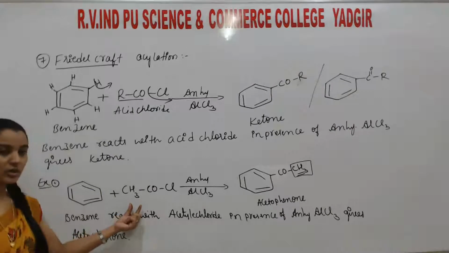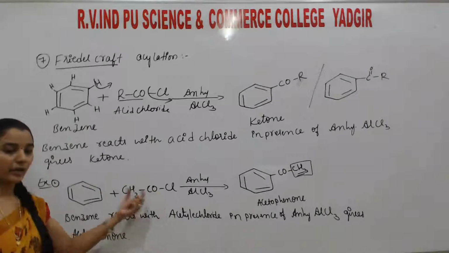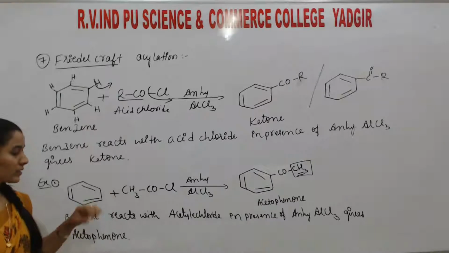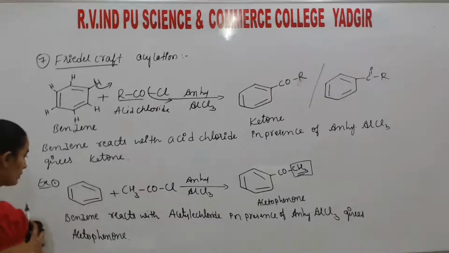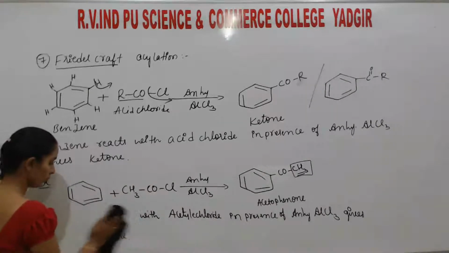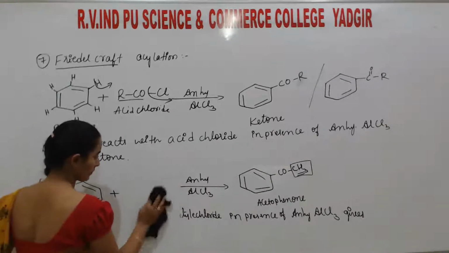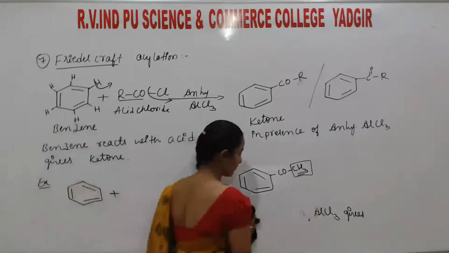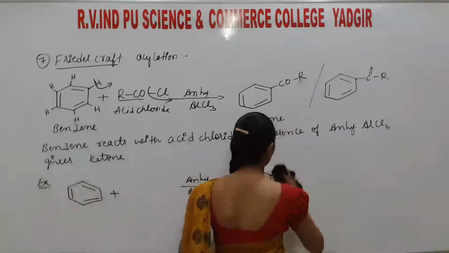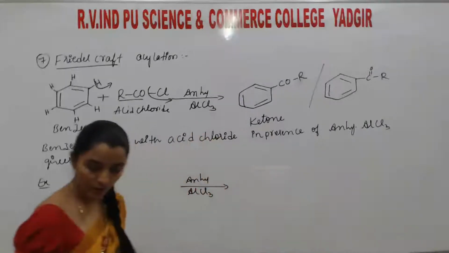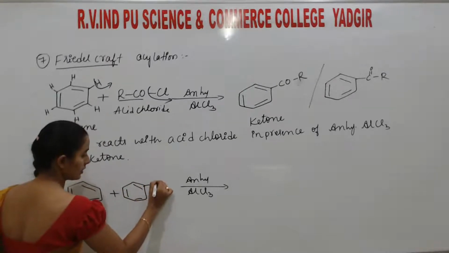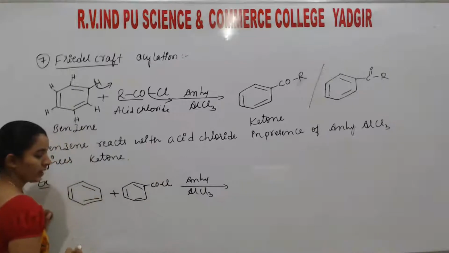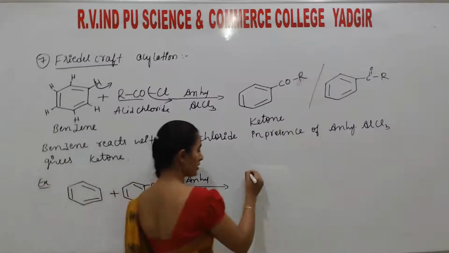Here we are substituting the R group by an aliphatic group like CH3. If we replace this one by a phenyl group, meaning an aromatic group, then what happens? That is example 2. So this benzene is made to react with this type of R group, COCl.